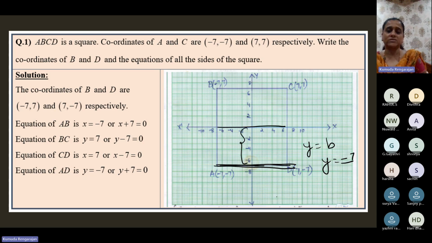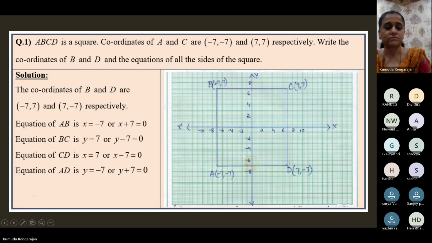So y is equal to minus 7, or y plus 7 is equal to 0 is the equation of the side AD. That's about the first answer.